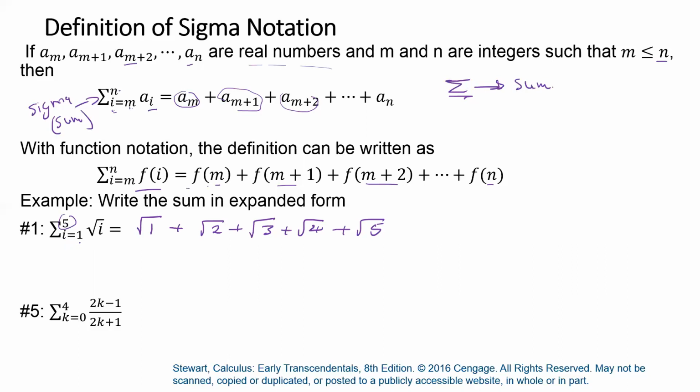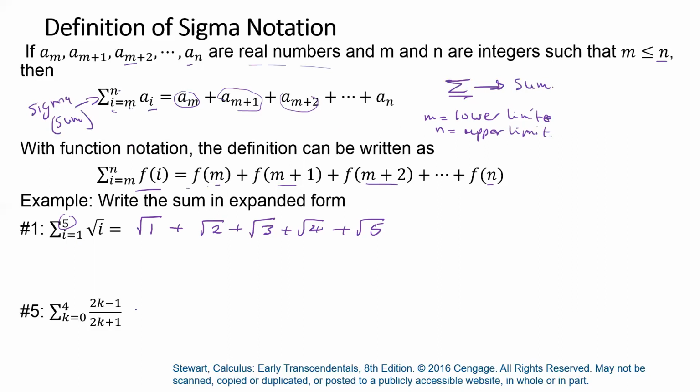In this case, the 1 we consider m, the lower limit, and n is the upper limit.